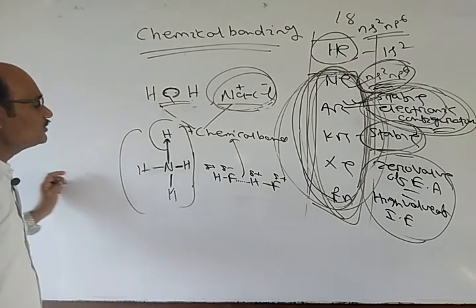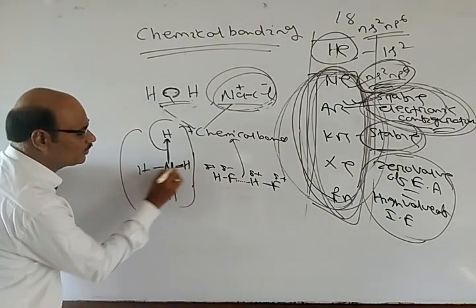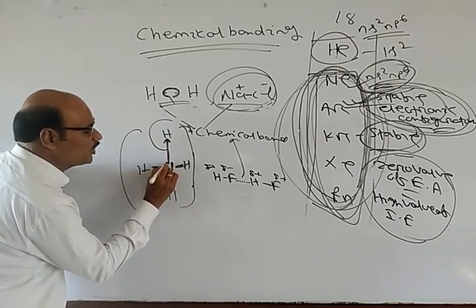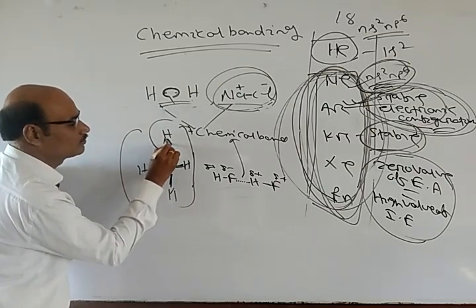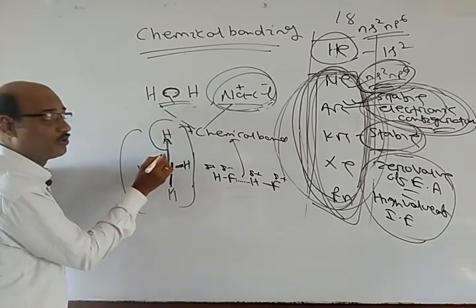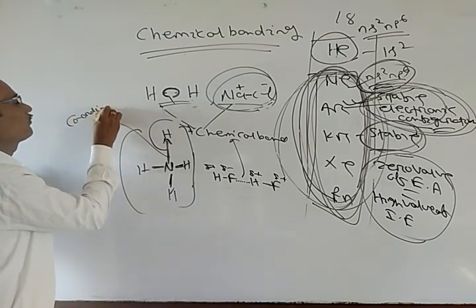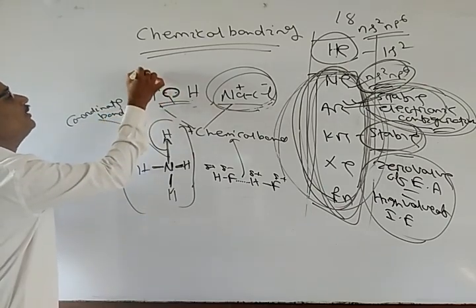And you see here the nitrogen atom is having a bond here. Again, this nitrogen atom is giving an electron pair to this hydrogen ion, H plus ion. This is called what? A coordinate bond. This is called what? A covalent bond.